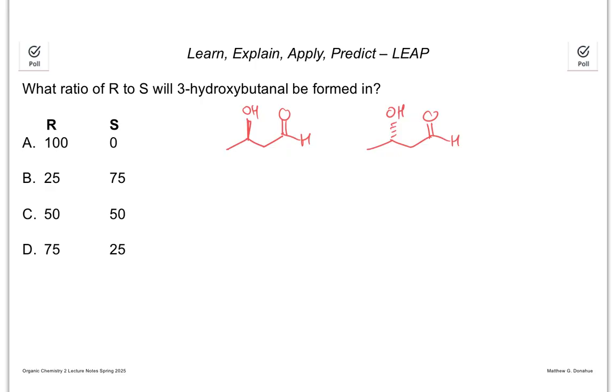So they have to be formed in a 1-to-1 ratio or 50-50, because you're starting from stuff that is achiral, and then your product mixture has to end up as achiral. So we get C for that.